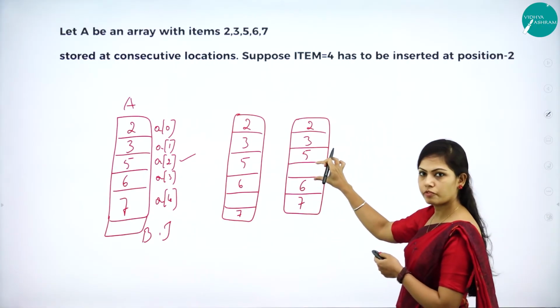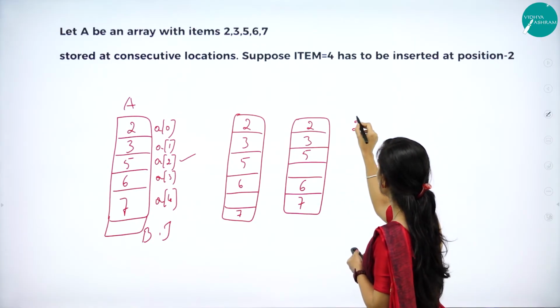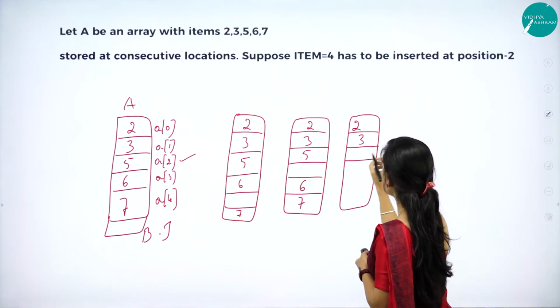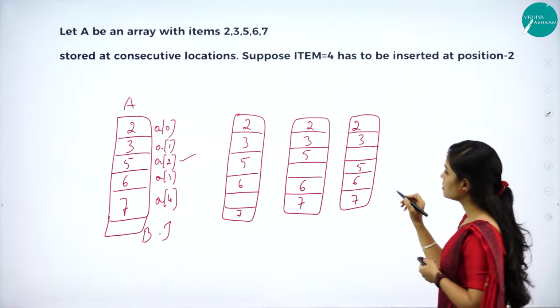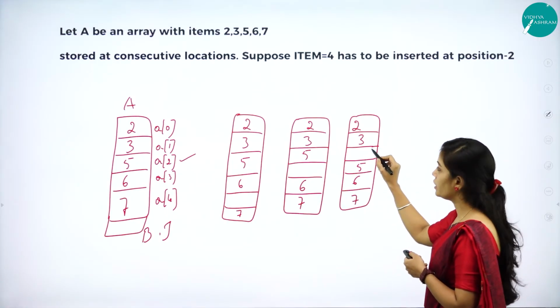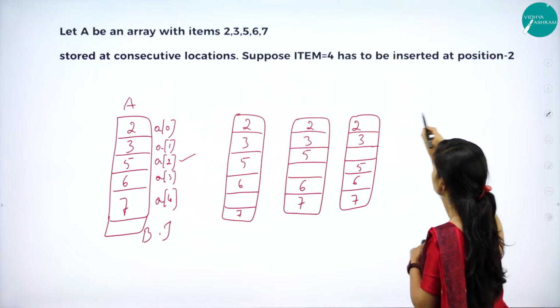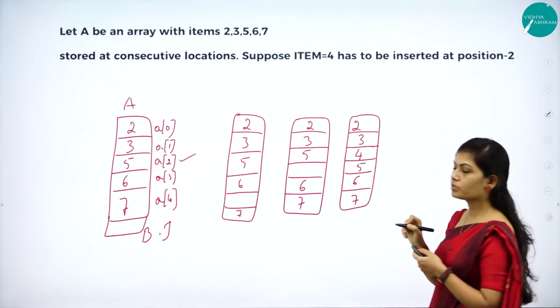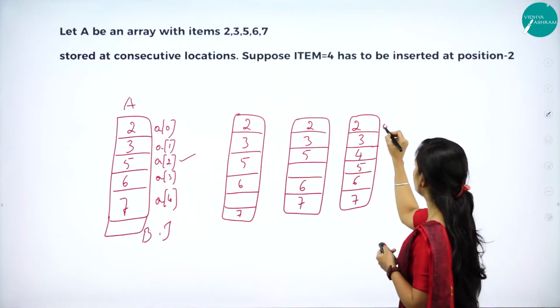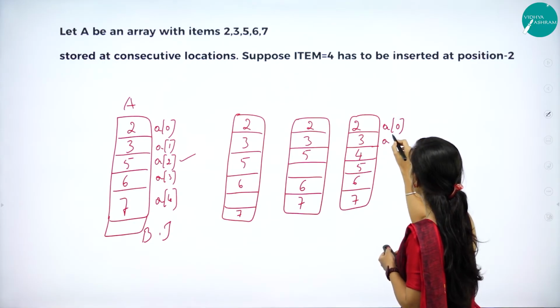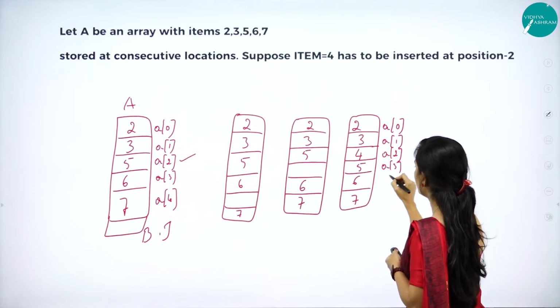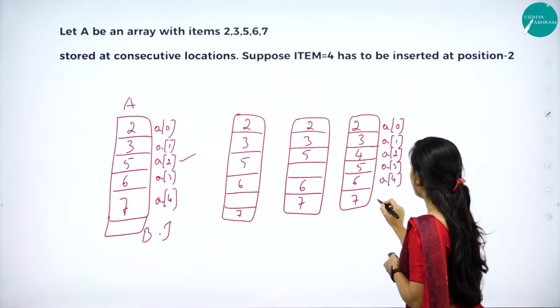Now this space will become empty, and 2, 3, and next I will give this space 5, 6 and 7. Now you can assign the new item 4 to be inserted at position A of 2. Now I will assign 4 into this location. Now it will become A of 0, A of 1, A of 2, A of 3, A of 4 and A of 5.